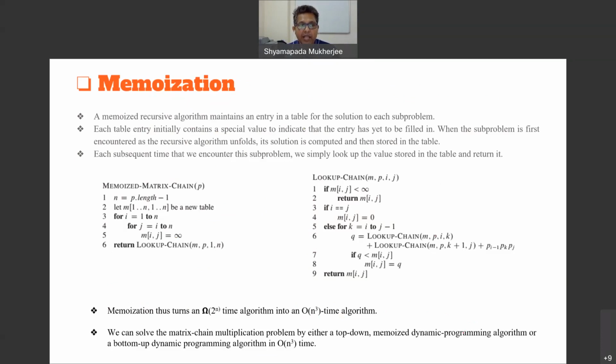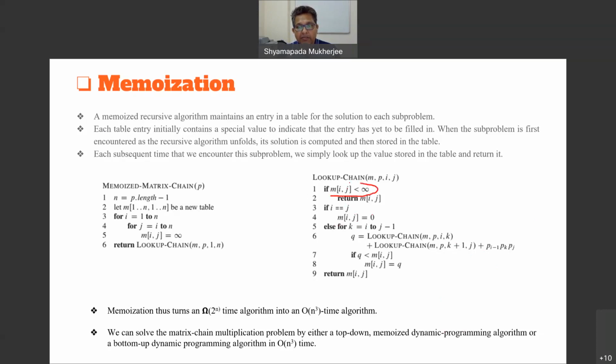That means we are memorizing the solved solution using a table. So when the same subproblem appears again in any recursive call, before computing it, we consult the table.